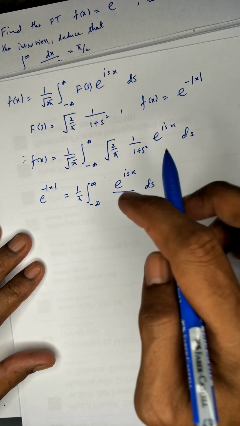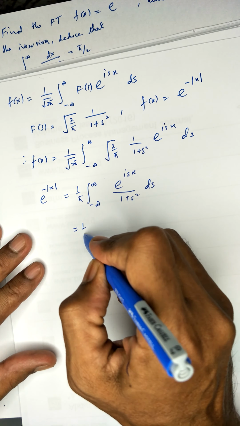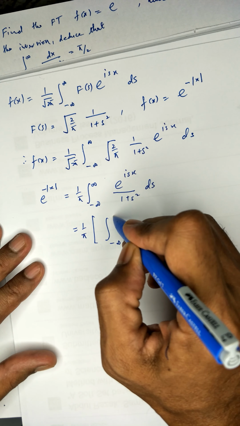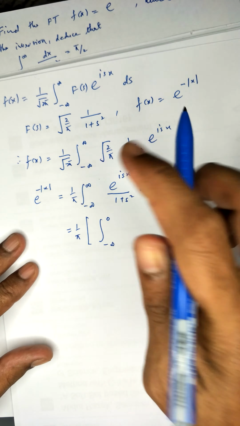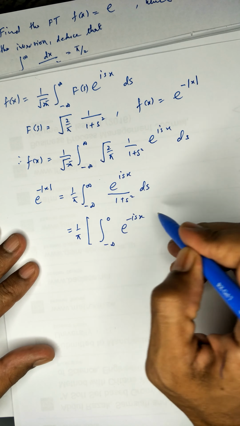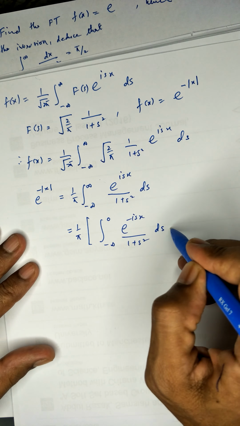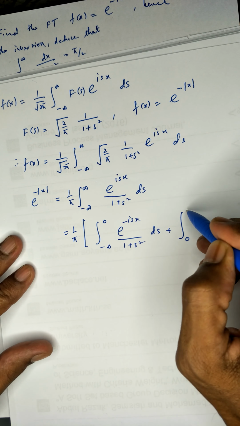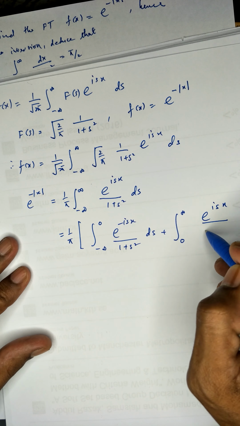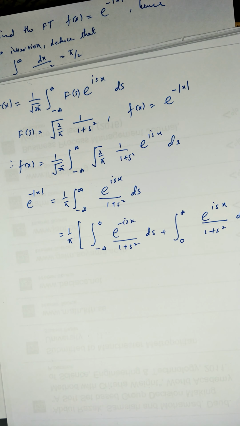You can split this into the integral from minus infinity to 0 of e to the minus i s x over 1 plus s squared ds, plus the integral from 0 to infinity of e to the i s x over 1 plus s squared ds.